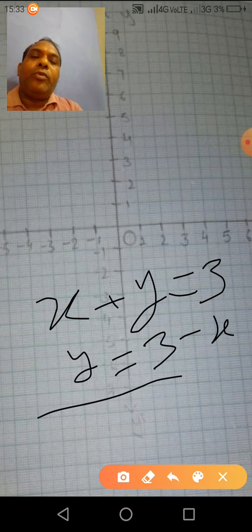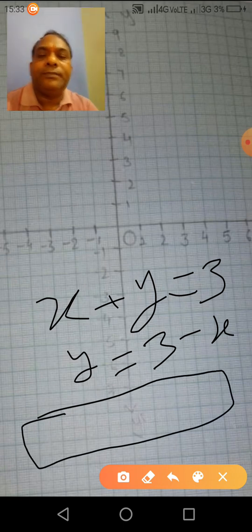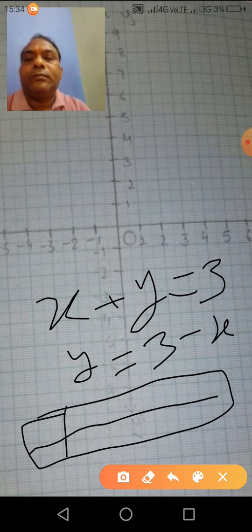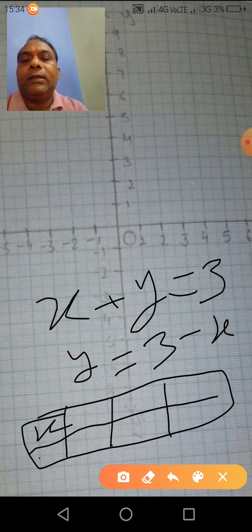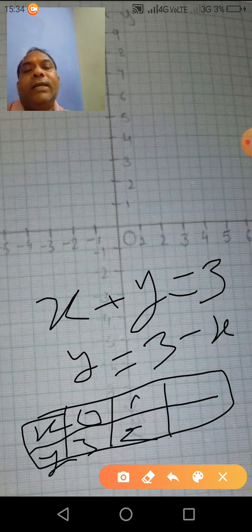Now put the different values of x and find the different values of y. Now put x is equal to 0, then y is equal to 3. Second point is x is equal to 1, then y is equal to 2. Third point is x is equal to 2, then y is equal to 1.